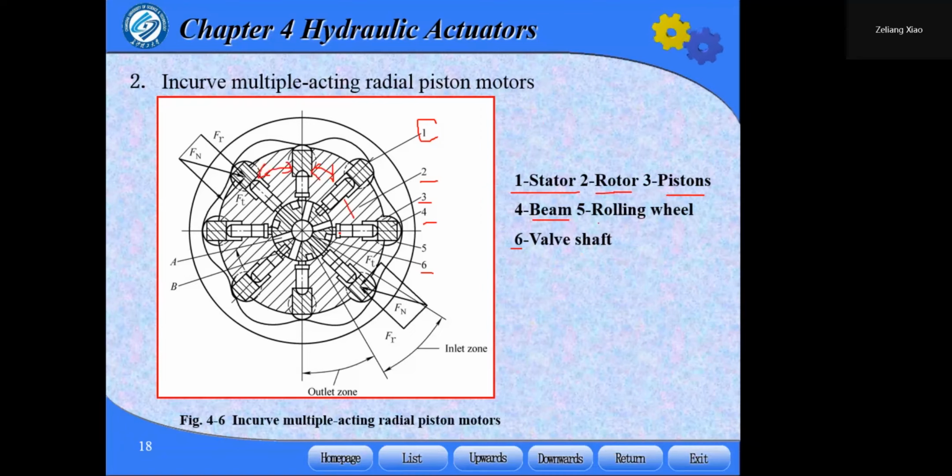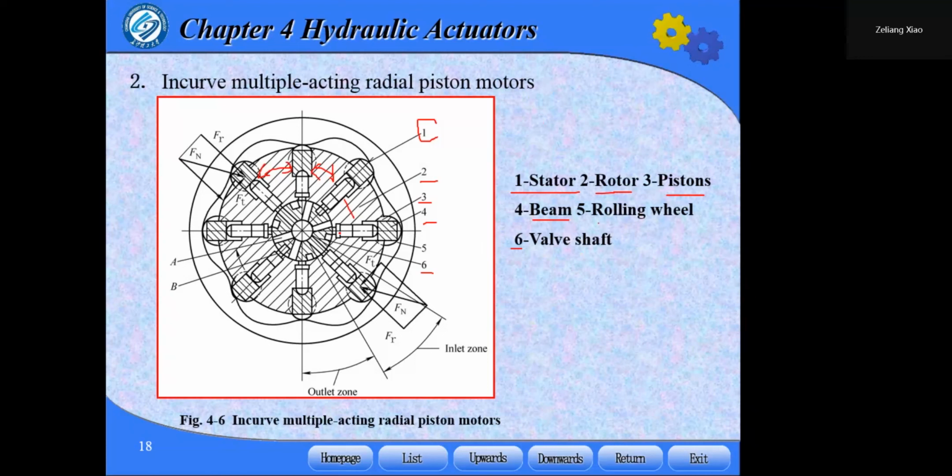The number of cam surfaces equals the acting times of the motor. Two identical regions are divided into the concave portions of each cam.